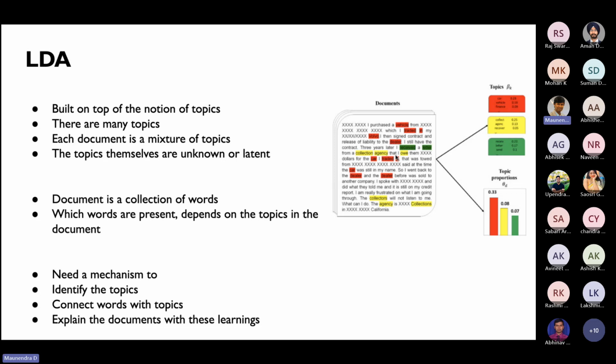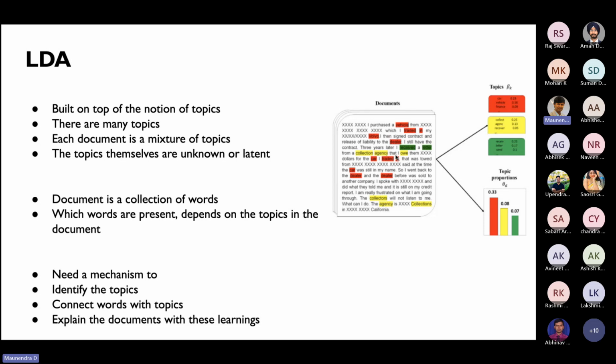Okay, now if we go further, what we want to utilize is that a document is a collection of words, that we all know, and which words are present depends on the topics of the document. Now we are trying to go to the solutions. So which words are present in a document depends on the topics there.